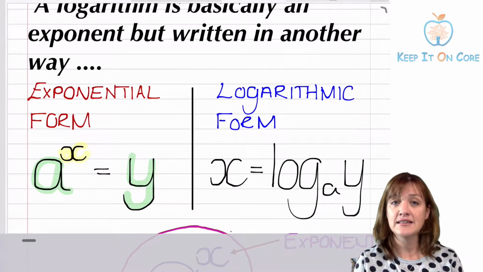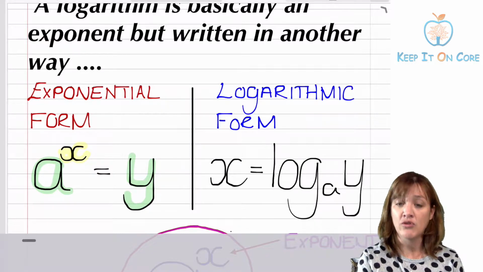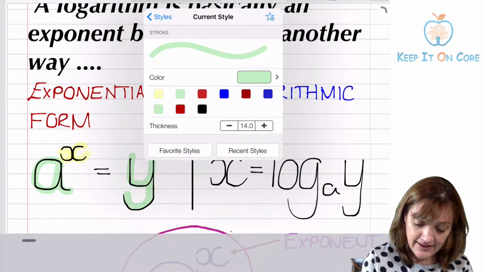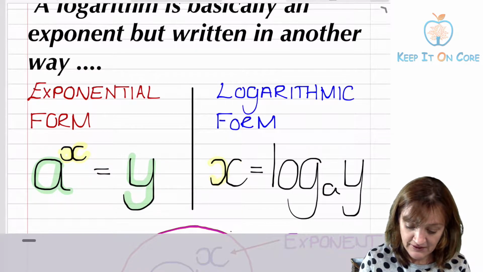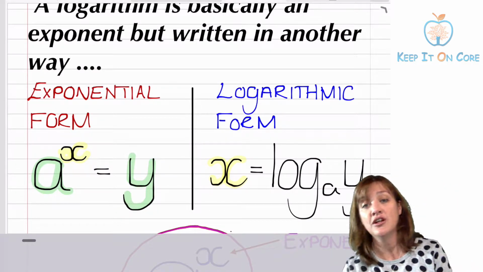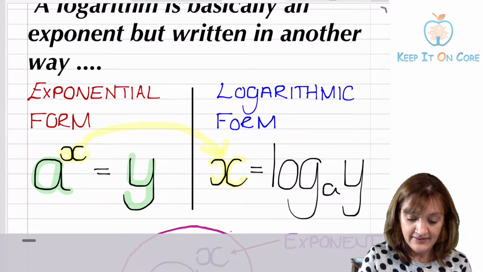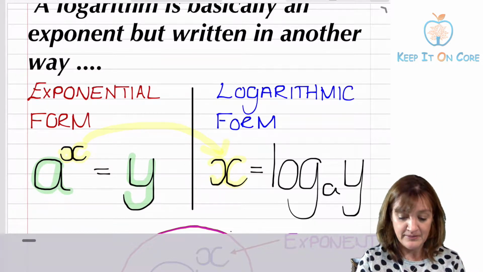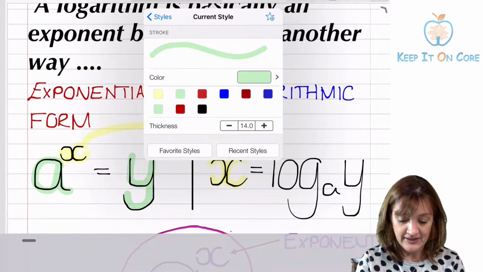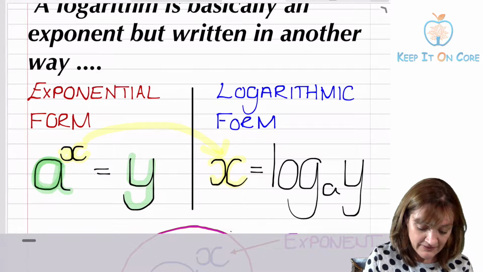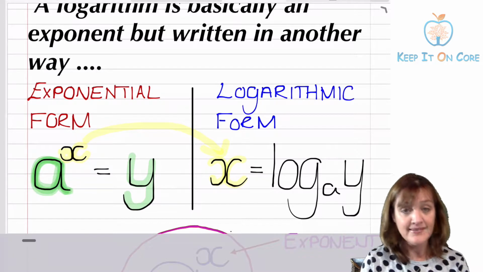According to the definition, a log is another way of writing an exponent. So we need to make the exponent the subject of the equation when we change it into log form. You can see that the exponent has now been made the subject of that equation, and we say x is then equal to log.